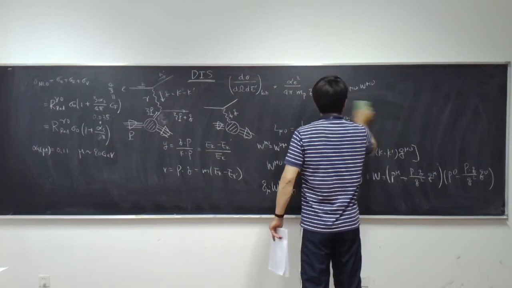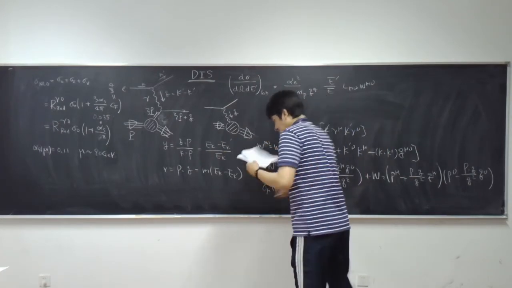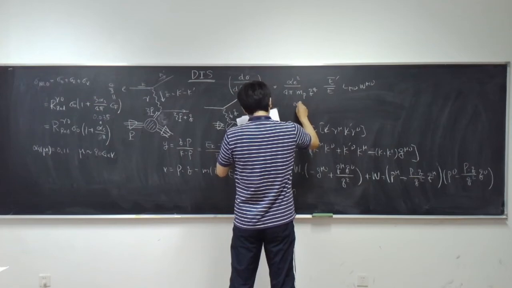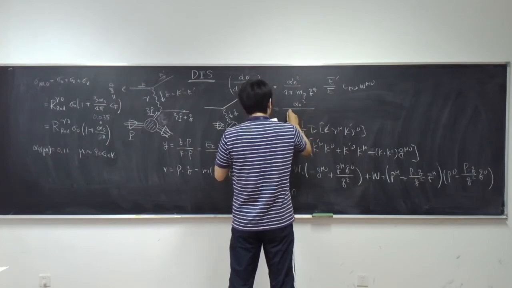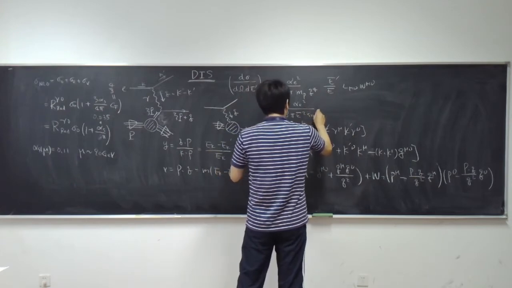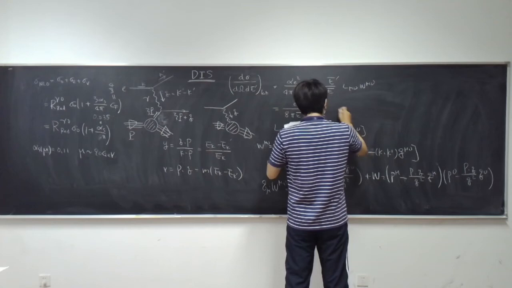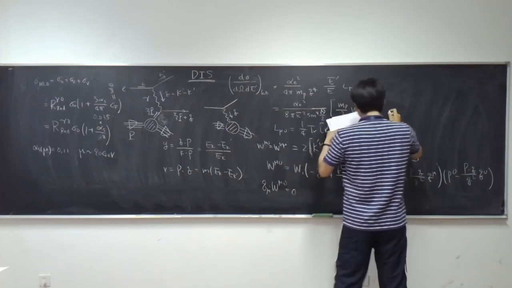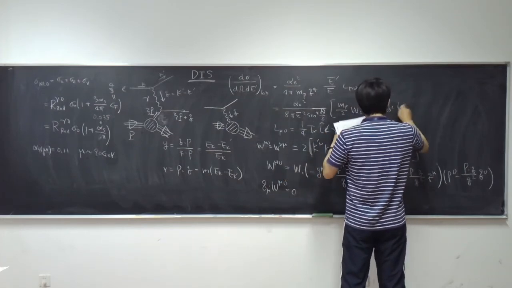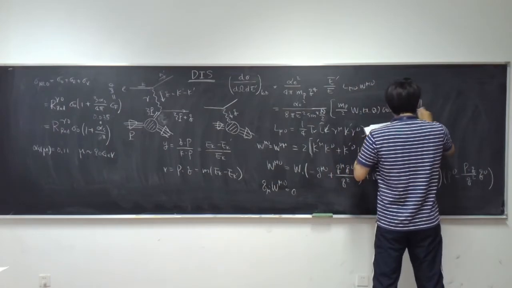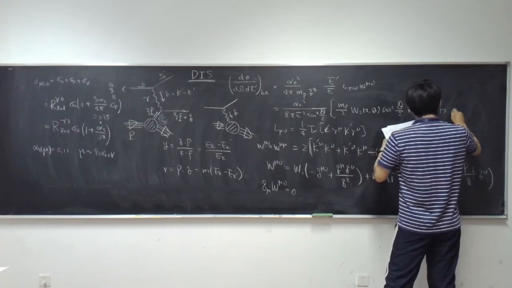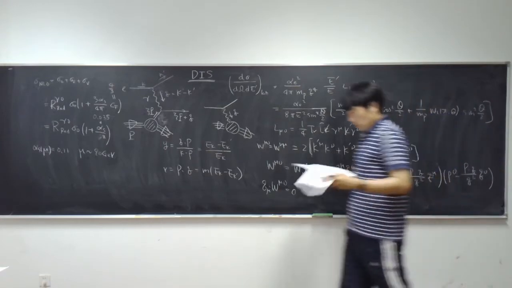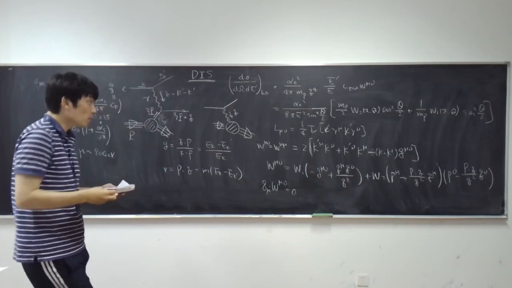I can just write down here. So this is equal to 4 E squared, and this is the result one can obtain.